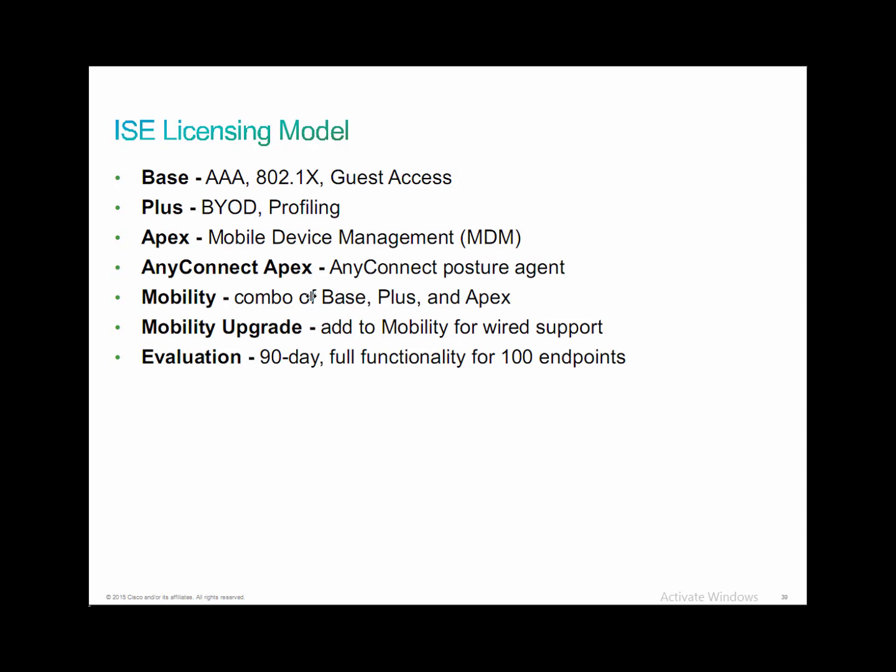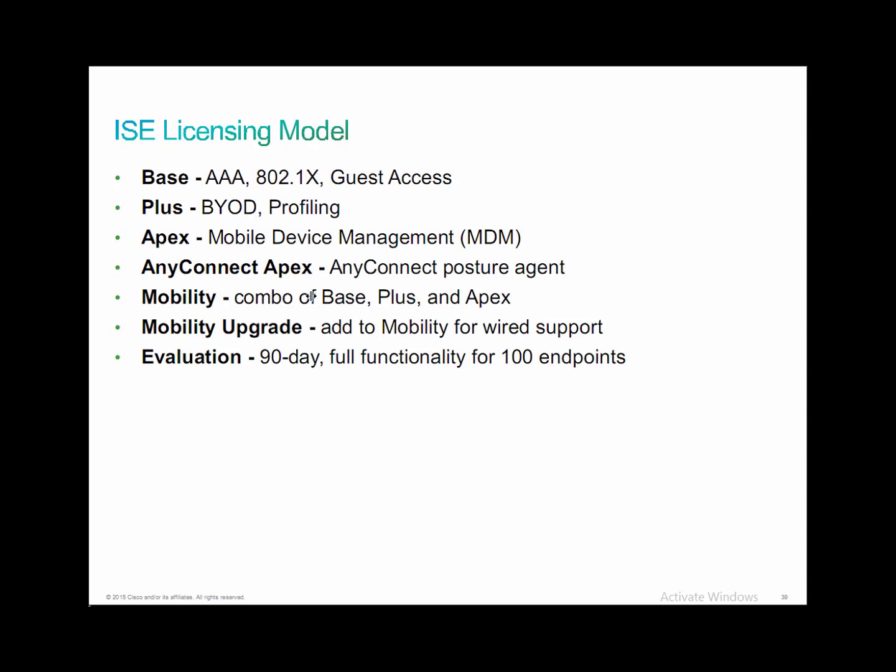The Apex license is going to add the mobile device management and the posture compliance piece. The AnyConnect Apex license is an add-on Apex license to support AnyConnect as your posturing agent, which is what a lot of people will use. AnyConnect is not just a VPN client; it provides a lot of functionality.